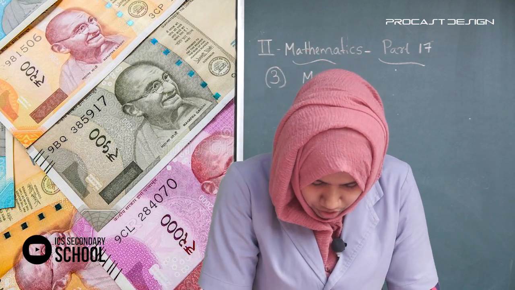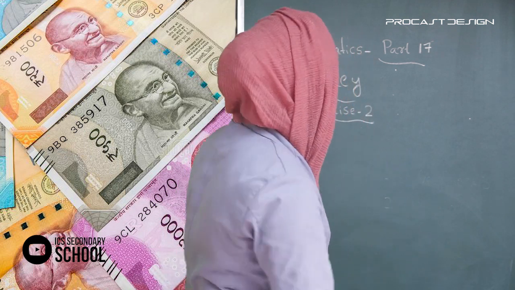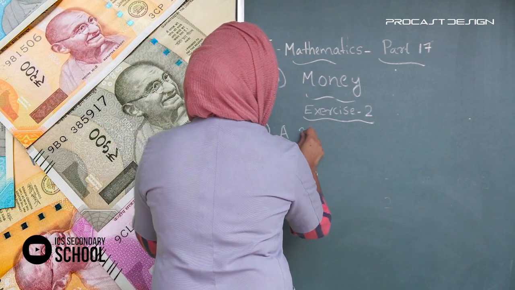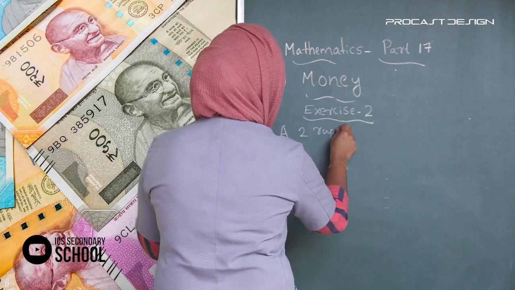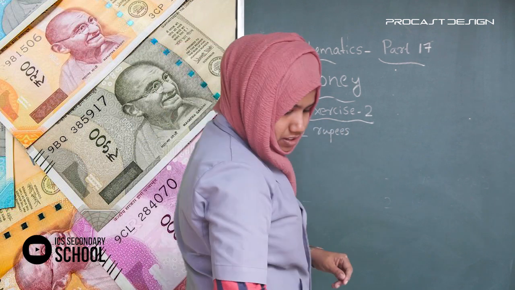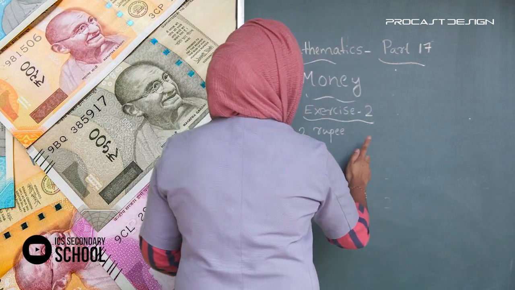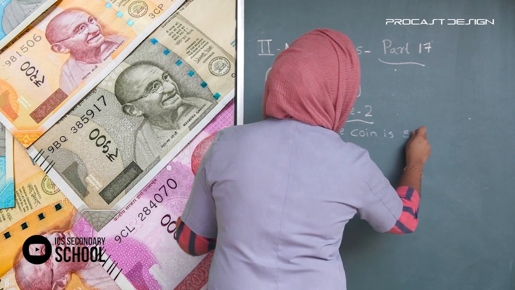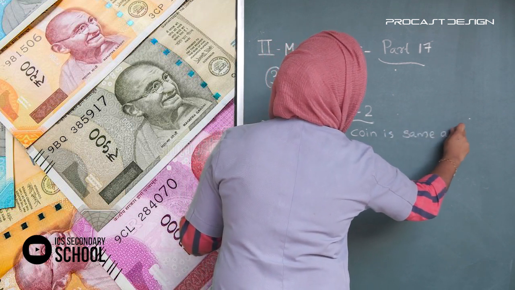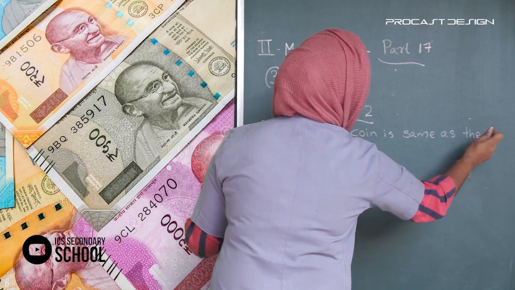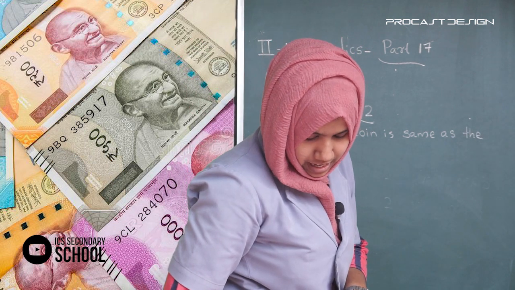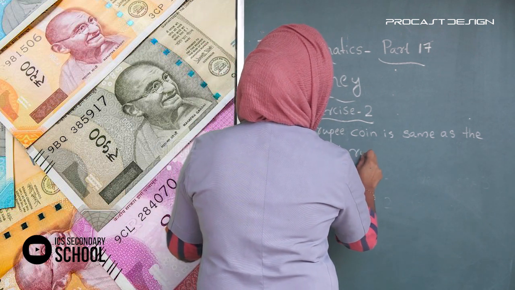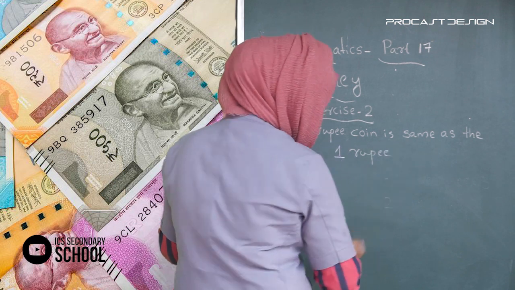A 2 rupee coin is the same as dash 1 rupee coins.